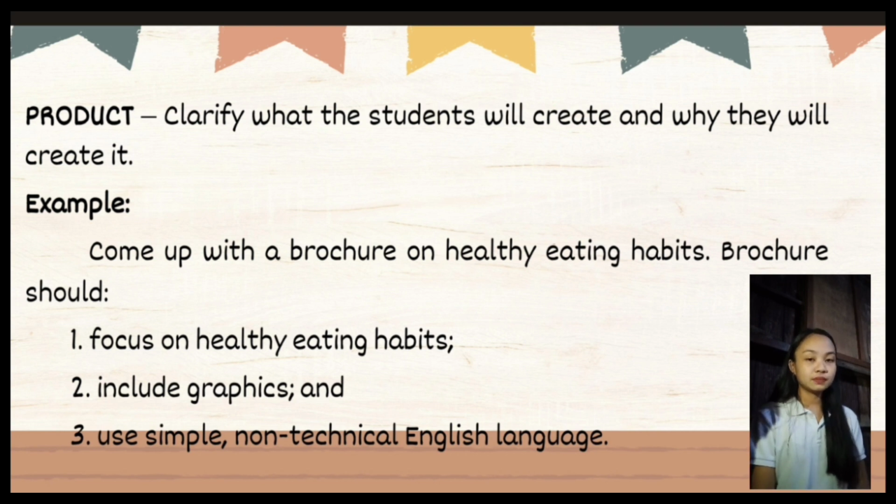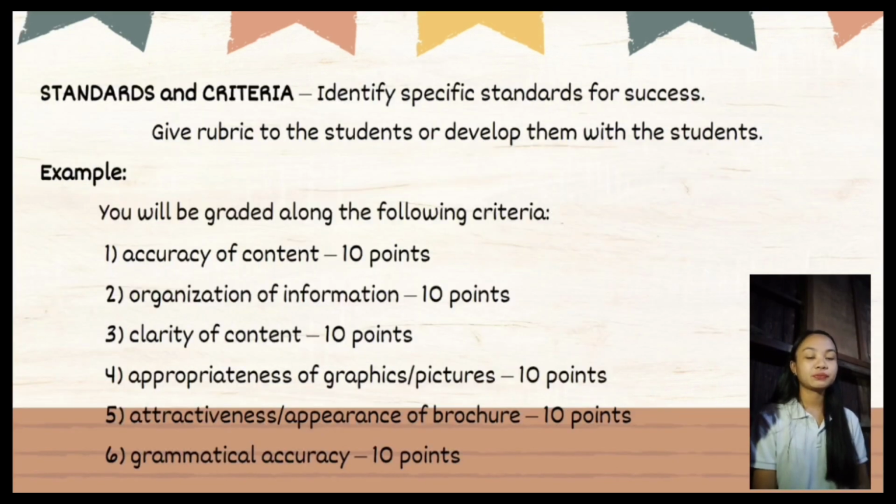So here, the students will create a brochure, and the brochure should focus on healthy eating habits, include graphics, and use simple, non-technical English language. So here, it was made clear what the students will create and why they will create it. Obviously, in the example, the reason why they will create a brochure is to promote health consciousness, specifically about healthy eating habits of the elementary students.